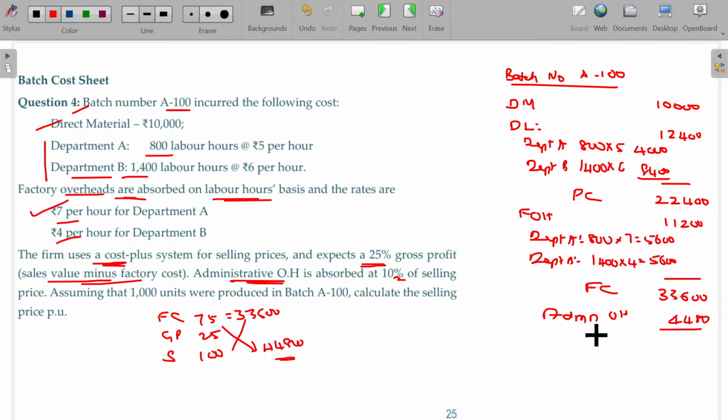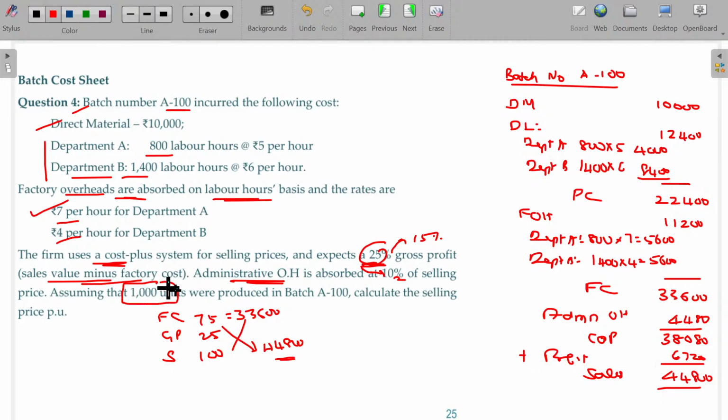Then you will get the cost of production, 38,080, and add the net profit. Finally, you will get the sale price, 44,800. The profit in this case, the missing data, is 25% out of that, 10% being the overhead, meaning net profit should be 15% of the sales, 6,720.